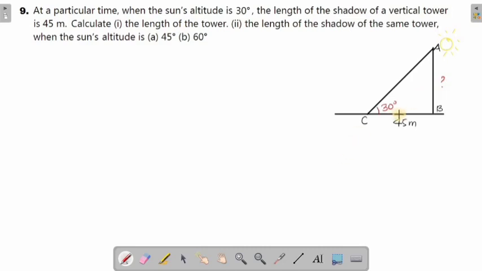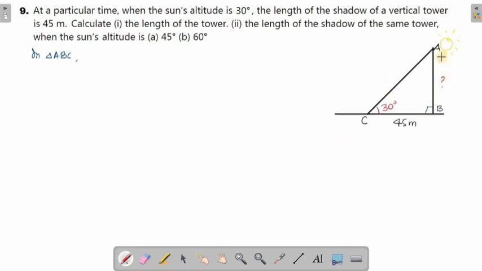It's pretty easy. We have seen this kind of problem many times. So let's quickly find the length of the tower. The explaining part you will do by yourself. In triangle ABC, first and foremost this is 90 degrees.